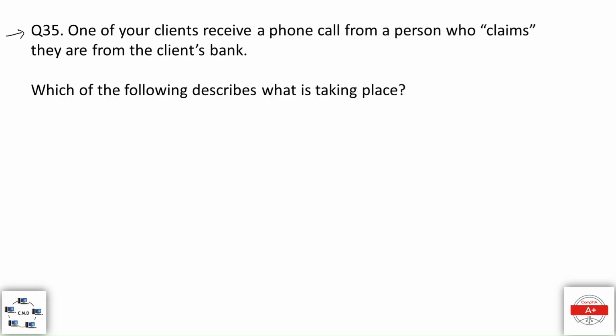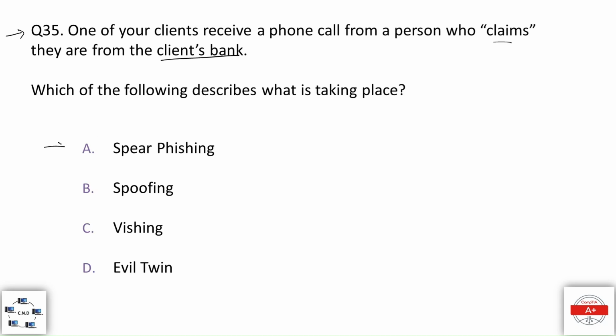Question number 35. One of your clients receives a phone call from a person who claims they are from the client's bank. Which of the following describes what is taking place? The options are option A, spear phishing, option B, spoofing, option C, vishing, and option D, evil twin.